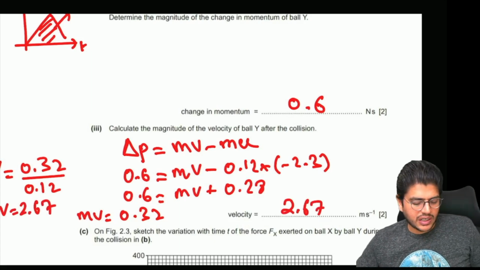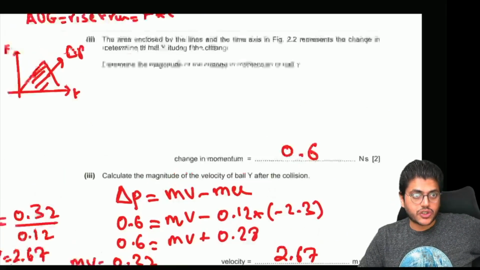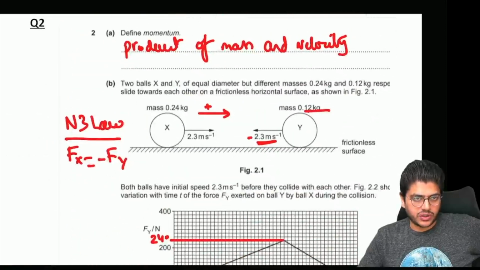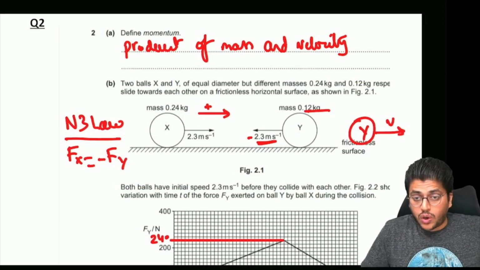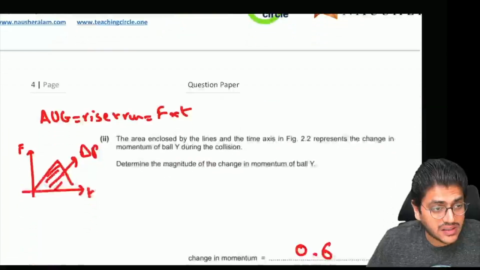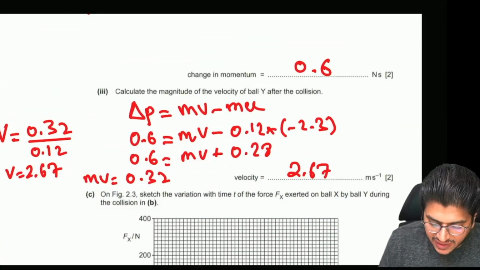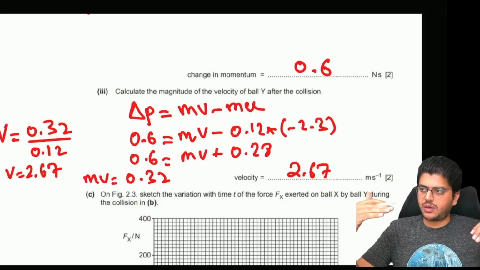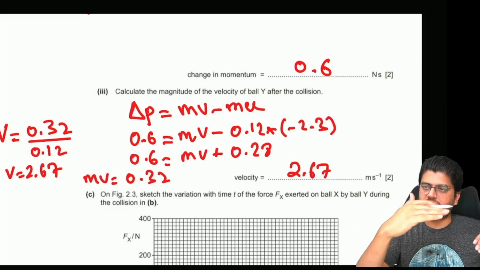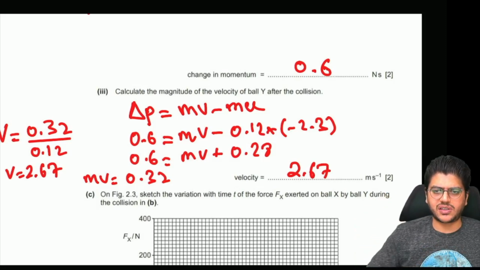2.67. And do you realize that your final answer is positive? Why? Because it shows that after this collision happened, Y after the collision was moving this way. How do I know? I know this because my answer has turned out to be positive. If my answer was negative, then that means that if I was coming from here and this direction is negative, and after collision I'm still getting a negative answer, that means that I was still moving in this direction.